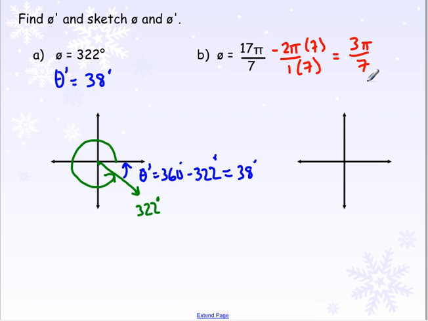Okay, now I know that's not on your unit circle, but you got to kind of just think it through. Remember, this is pi, aka 7 pi over 7. So half of that would be 3.5 pi over 7, right? So then 3 pi over 7 would be like here.